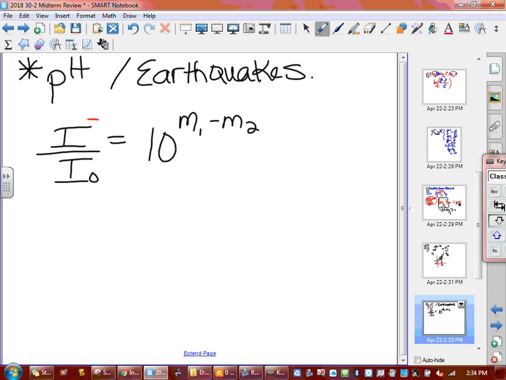This over here might be written as a fraction. All they're showing you this fraction for, this fraction means this. The intensity of the first one is being divided by the intensity of the original. And this is why they're showing subtraction, because they're subtracting exponents when you divide same base. That's what this is showing you.